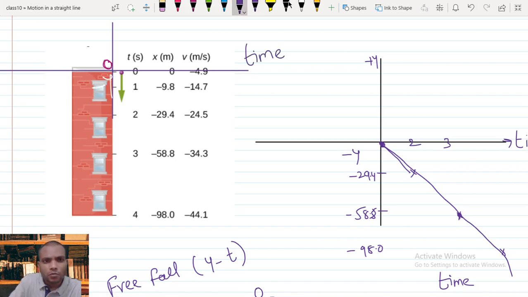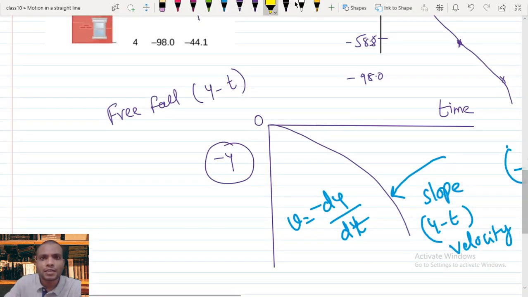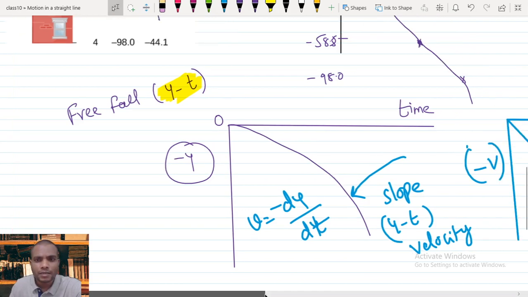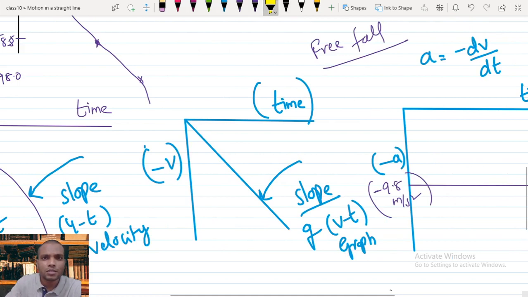Whatever position versus time graph we draw will be along this axis only. I represented that in terms of y versus t, because the motion is always along the y-axis. Once we know position versus time, we came across velocity versus time. Here the velocity is also negative since it's falling. So this is the velocity versus time graph, where we got a straight line in the fourth quadrant.